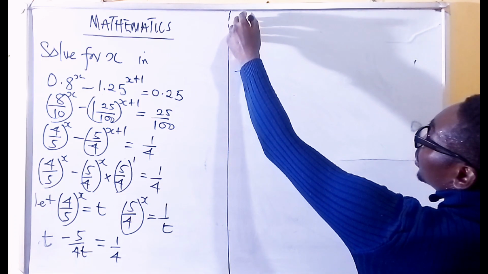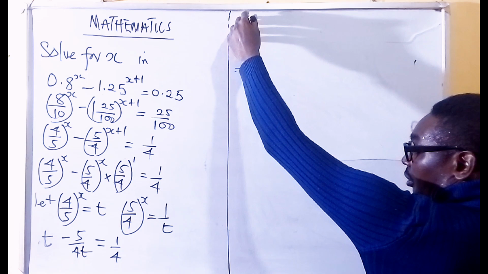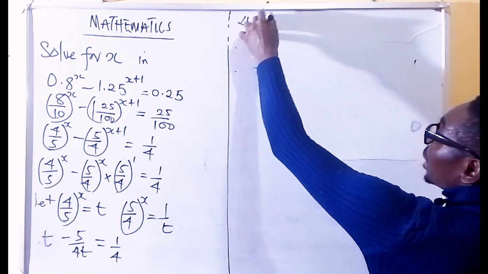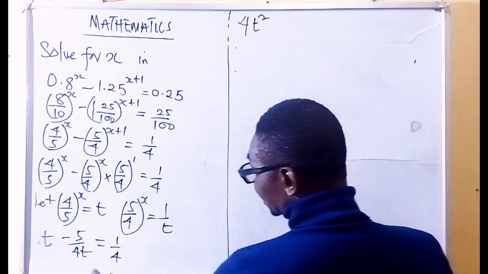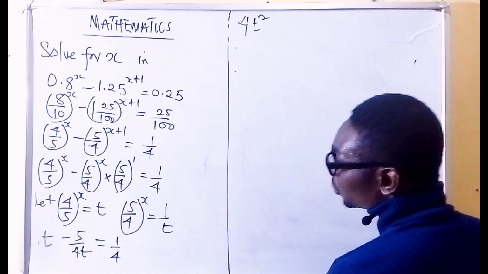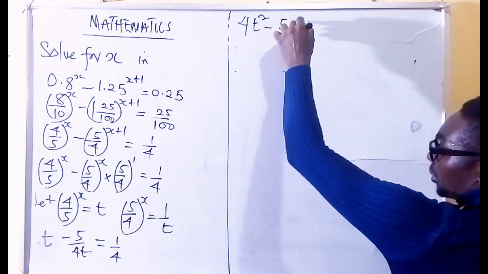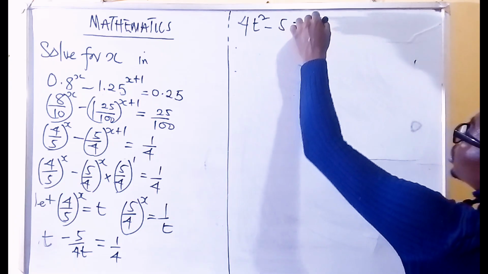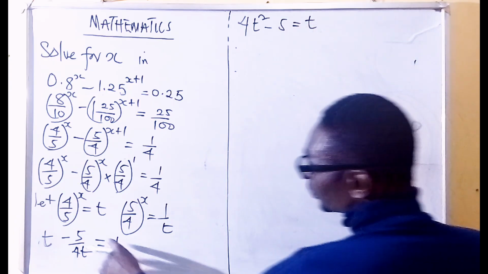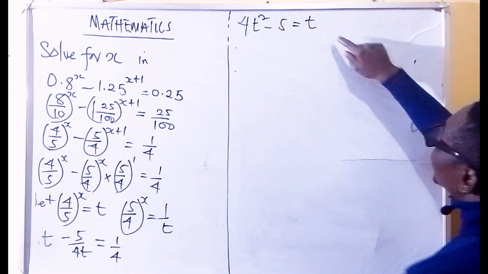We now have 4t squared, that is, if you multiply 4t times t, 4t squared, minus 5 is equal to just t, because 4t divided by 4 is t.